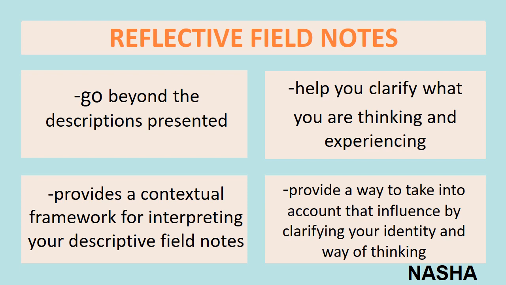Reflective notes may be set apart from the descriptive notes in your record through the use of notations such as OC, meaning observer comment, through the creation of separate sections of your field notes for more extensive analysis such as memos, essays, or draft reports, or they may even be kept in a separate field diary.